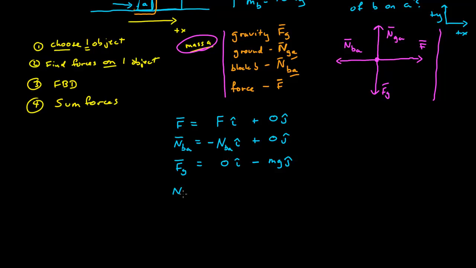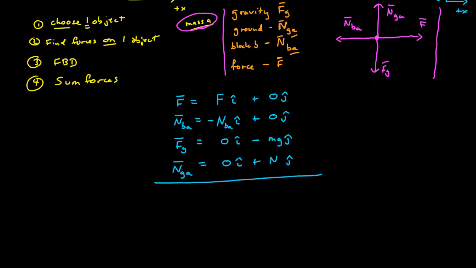And then I have the normal force of the ground on A. It has nothing along the x, and its entire magnitude is along the y, and it's not 0, but plus n in the positive y direction.